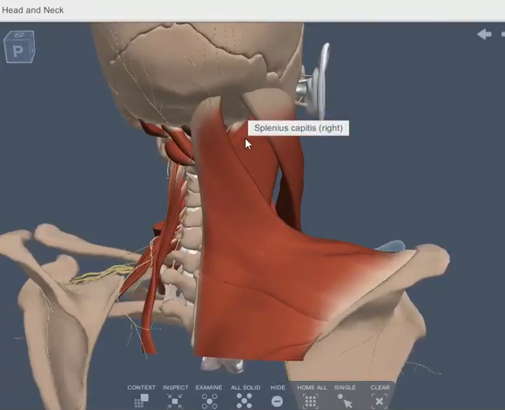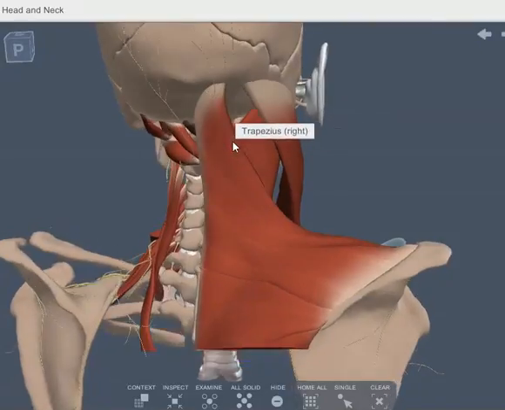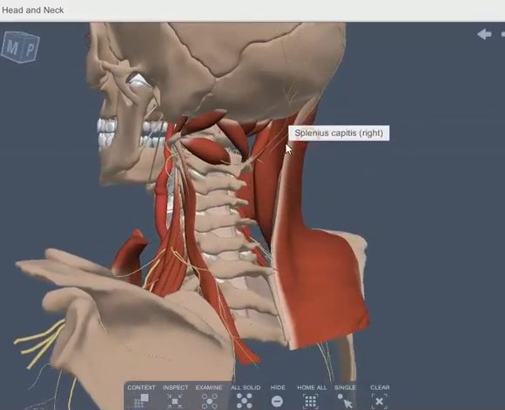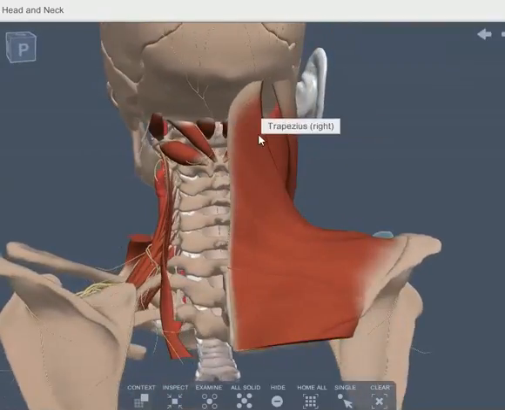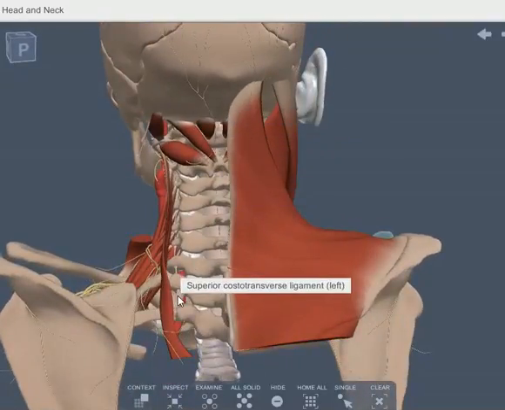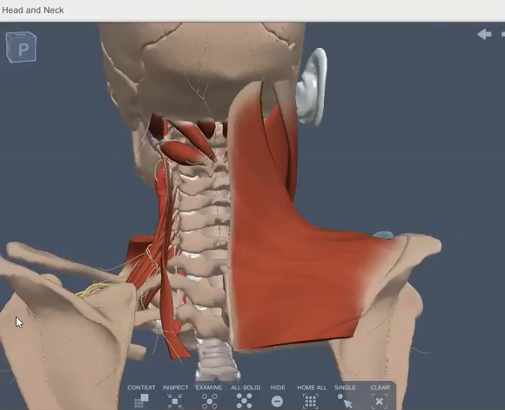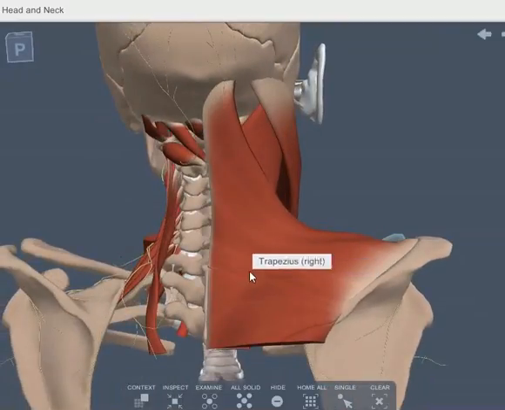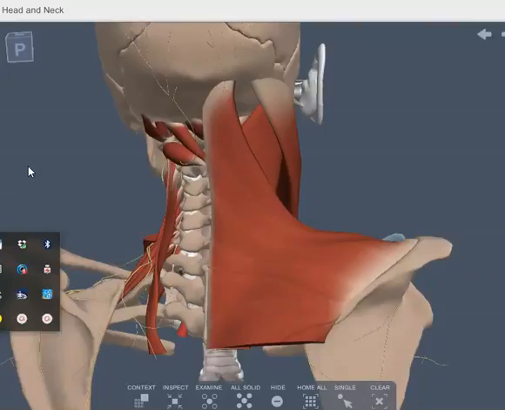And I just want you to also appreciate splenius capitis, which you will be able to see, that's the front side of it, that you have to palpate through several layers of muscle eventually to get to some of the structures that we're going to be palpating. And it's important to realize that because when we're palpating, sometimes you may think that you're on a particular structure and you're not.